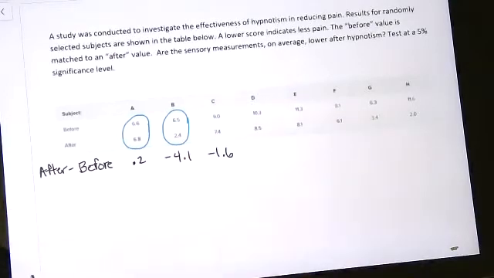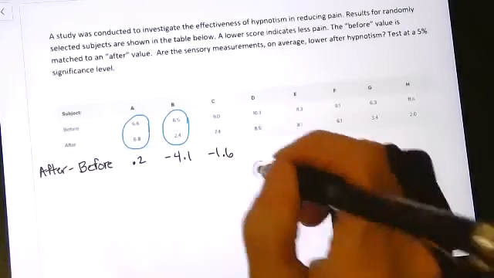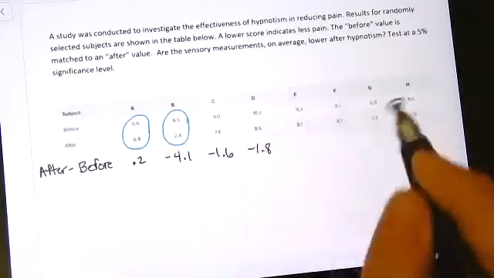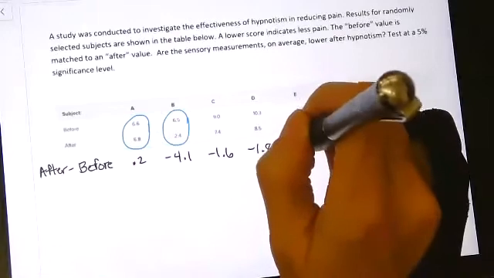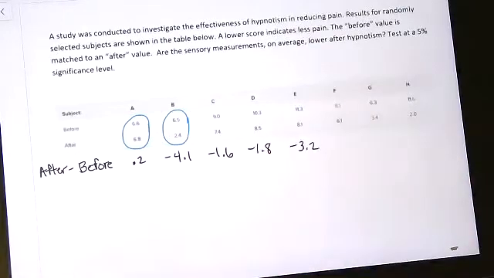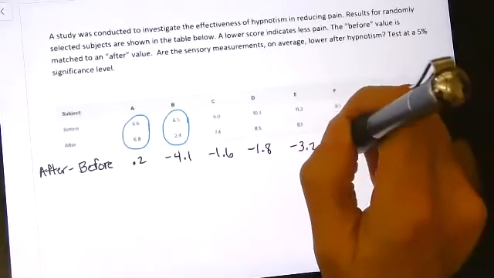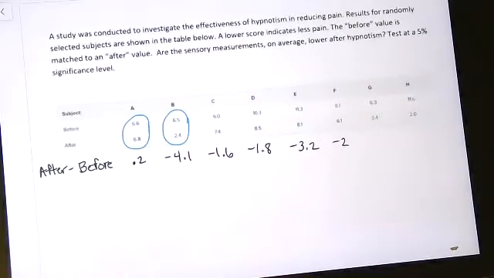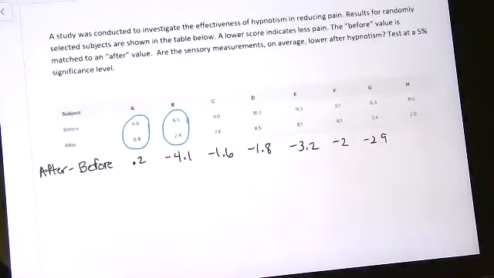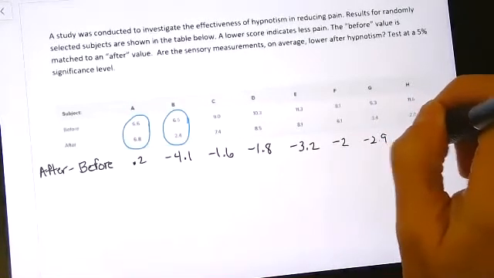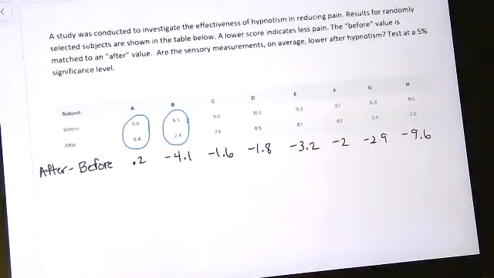The next person, 8.5 minus 10.3 is negative 1.8. 8.1 minus 11.3, negative 3.2. 6.1 minus 8.1, minus 6.3. Negative 2.9. And then 2 minus 11.6. This last person, major decrease in their pain level.